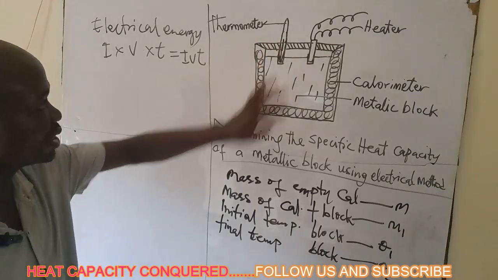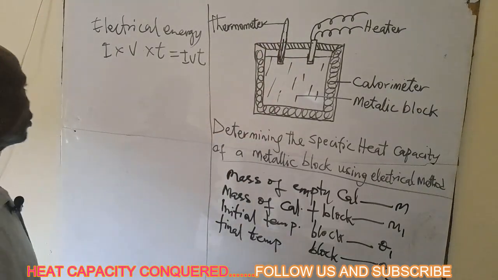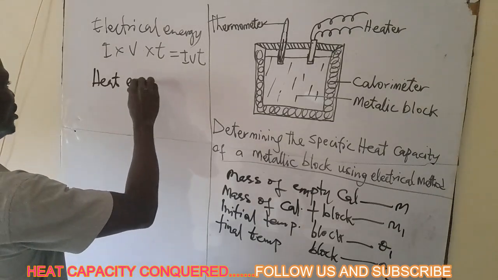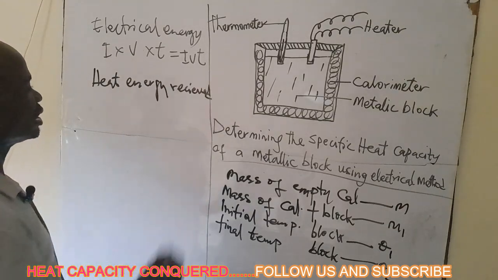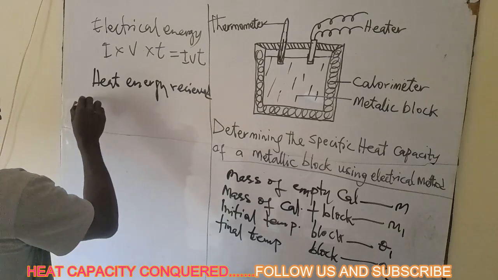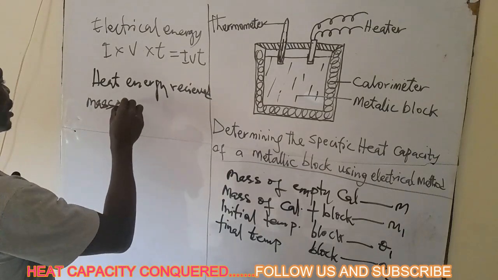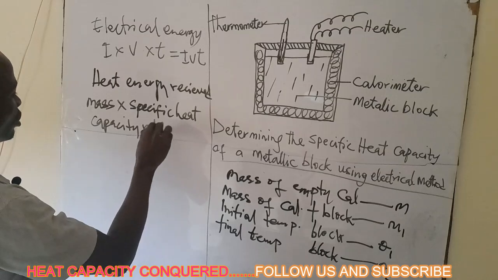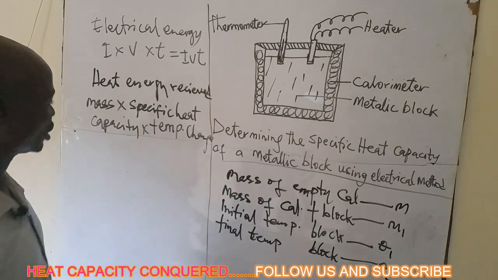So the heat energy received by the block is the mass of the block times the specific heat capacity of the block times the temperature change.